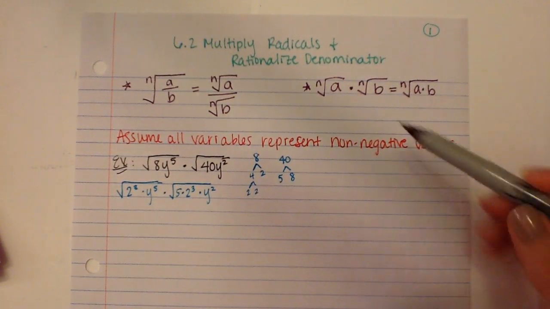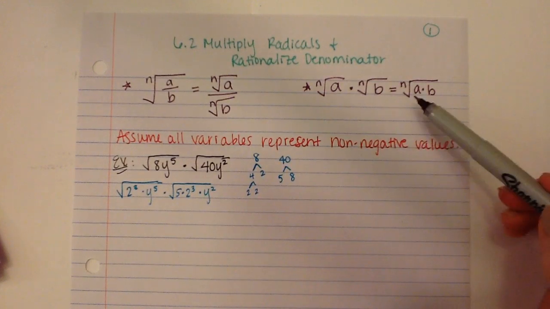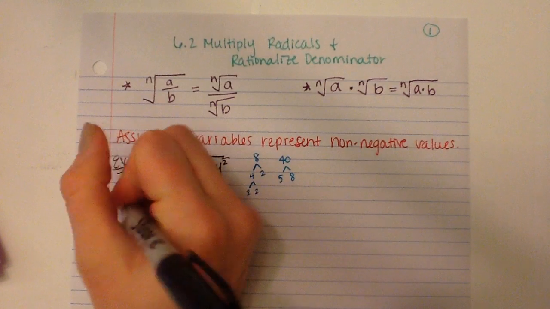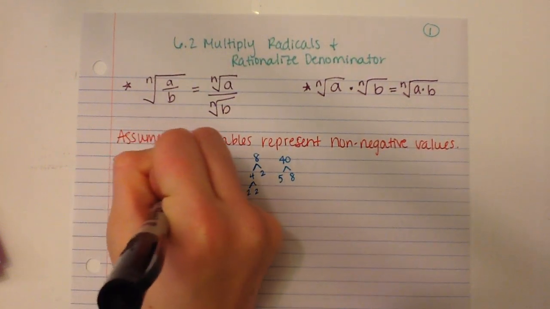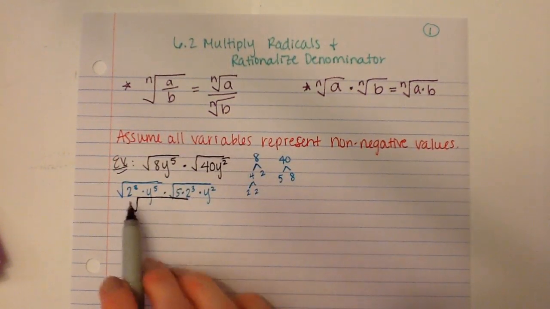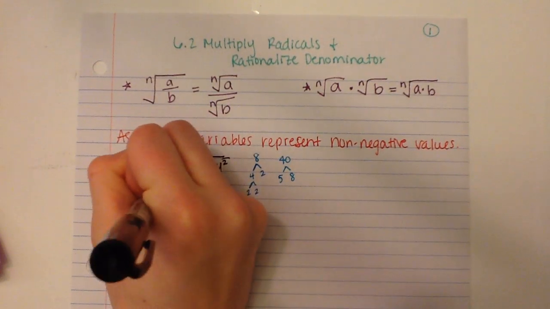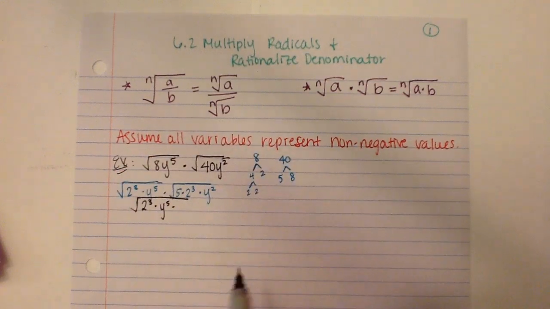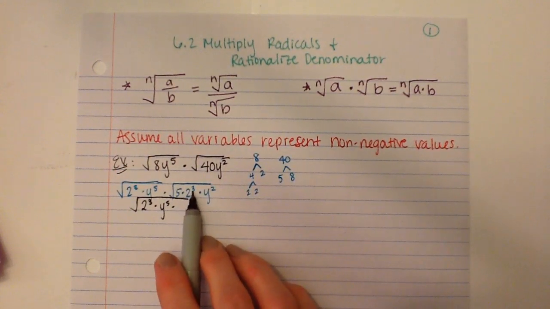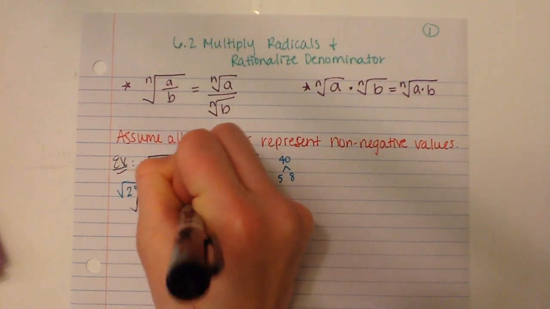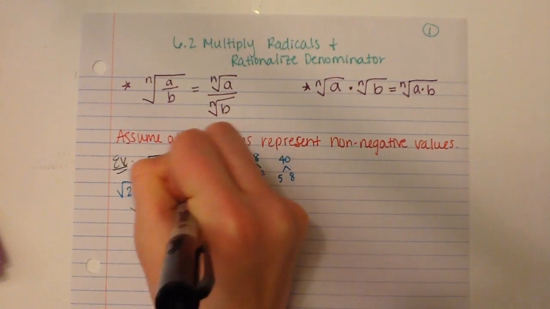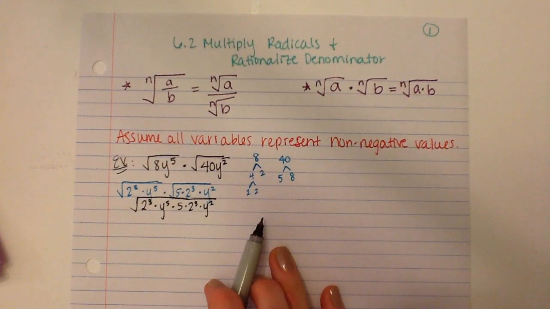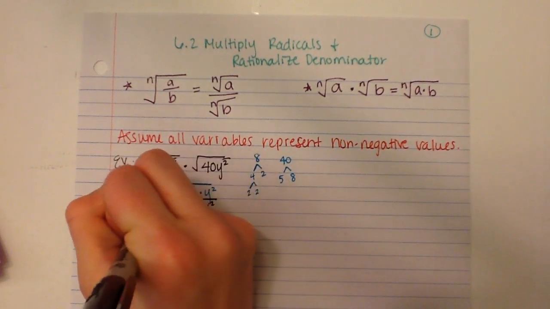So up top, we see that if we have them separated, we can combine them underneath the same radical sign. So let's go ahead and do that. So we can have the square root of 2 to the 3rd times y to the 5th times 5 times 2 to the 3rd times y squared. So we just took it all and combined it under one square root sign. So let's simplify that a little bit.